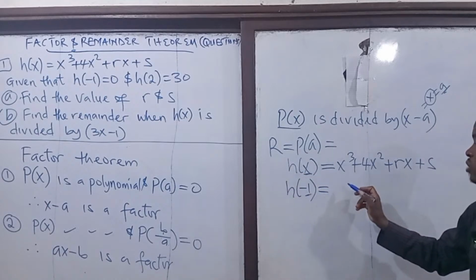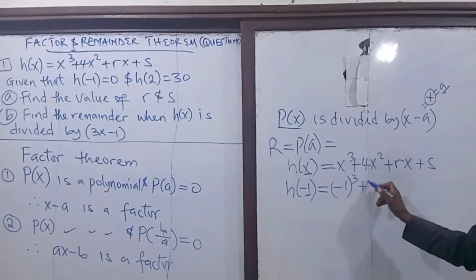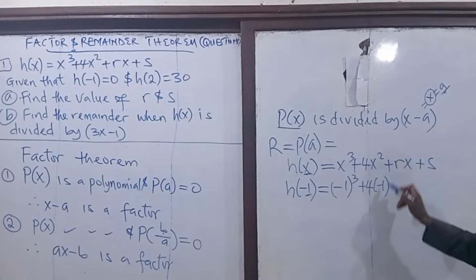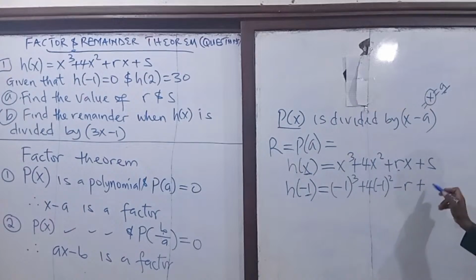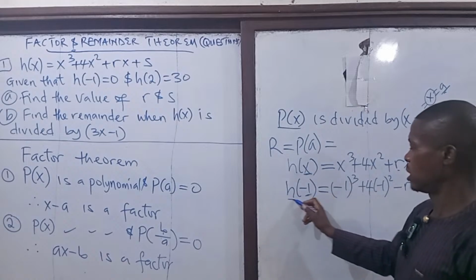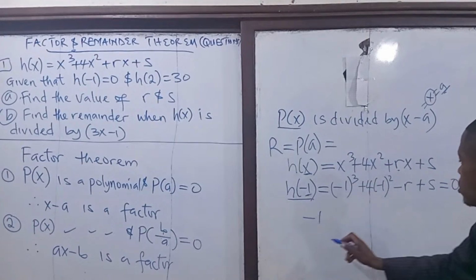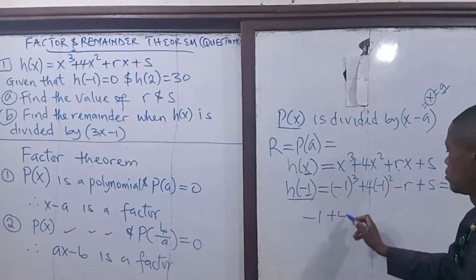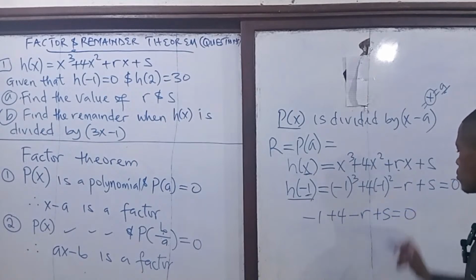Put it in that equation: minus 1 cubed plus 4 times minus 1 squared, minus r, plus x. And h of minus 1 is equal to 0, so that will be minus 1 plus 4 minus r plus x equal to 0.